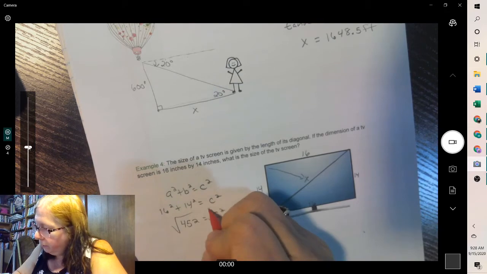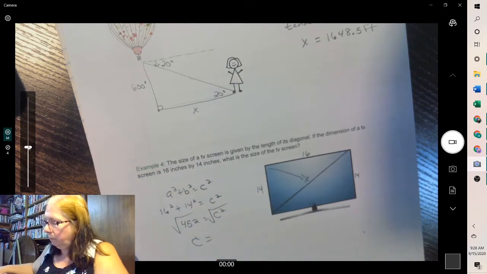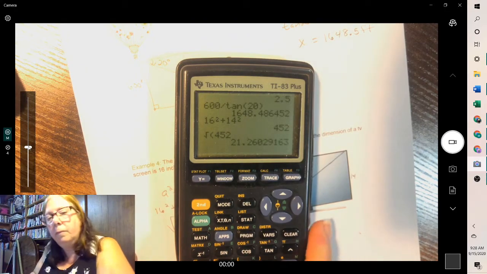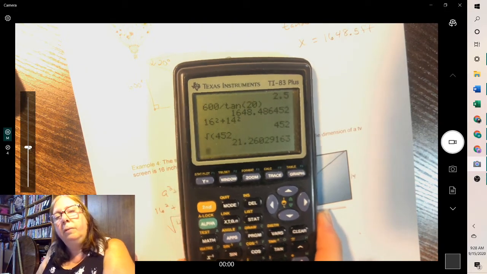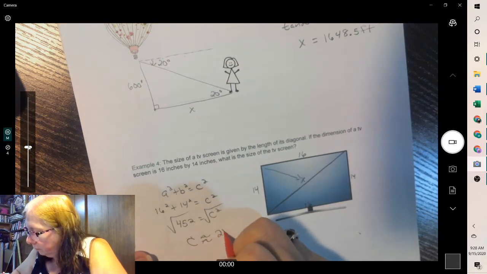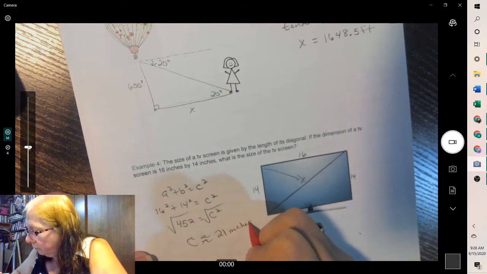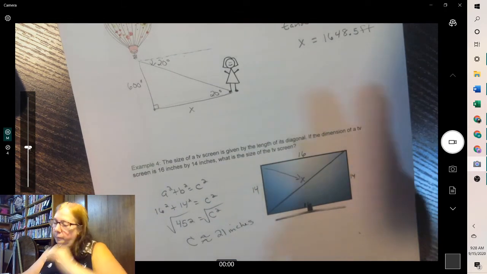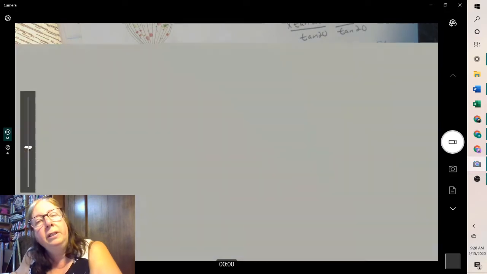Take the square root. 21. So it's a 21-inch TV. That's it for right triangle trigonometry.